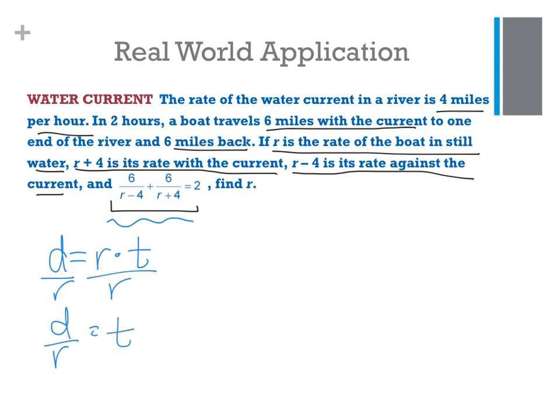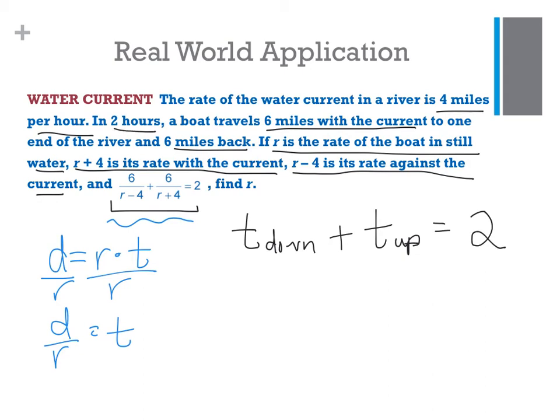Now, each of these equations then, what we can say is our time downriver plus our time upriver, or back, is equal to 2 hours.